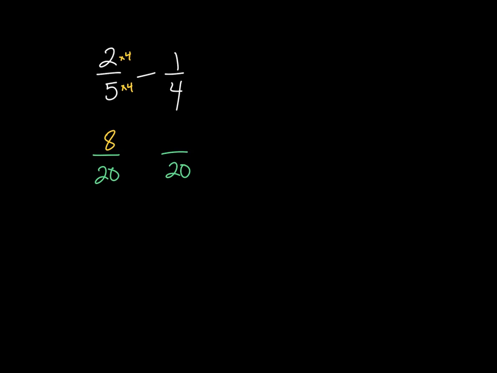And to get 20 in the second fraction, I have to do 4 times 5. So I do 1 times 5, which is 5. Let's put our subtraction sign. Now we can just subtract the numerators. 8 minus 5 is 3. Keep that common denominator. And check to make sure it can't be reduced, which it cannot. So 3 over 20 is my final answer.